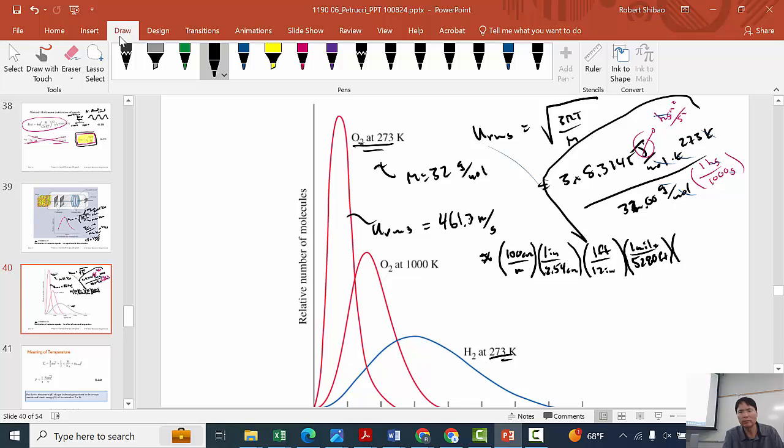And then I'm going to convert seconds into hours. So 60 seconds per minute and 60 minutes per hour.